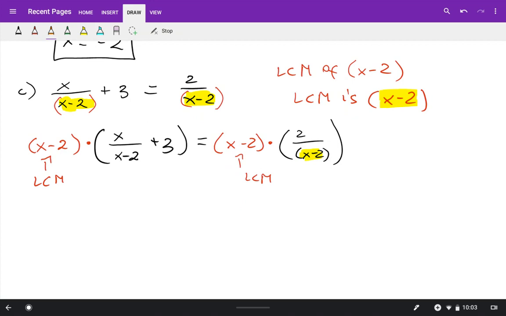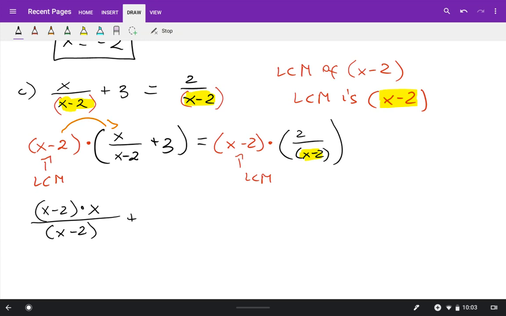Next, what I'm going to do, I'm going to distribute. Okay, so x minus 2 times x over x minus 2. So you think this expression, x minus 2, is like a whole number. So you only multiply the numerator by x minus 2, and you copy the denominator. Think about if that was 4 times x over x minus 2. Again, you only multiply the numerator, okay?